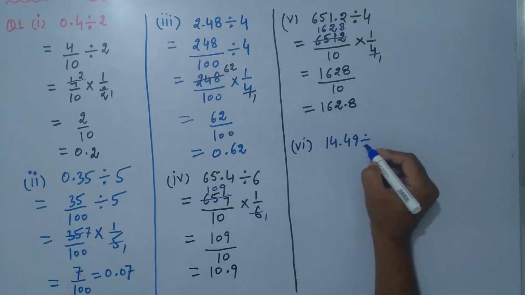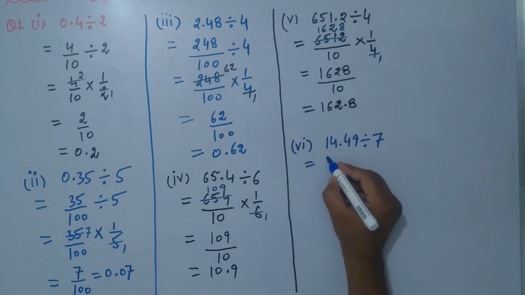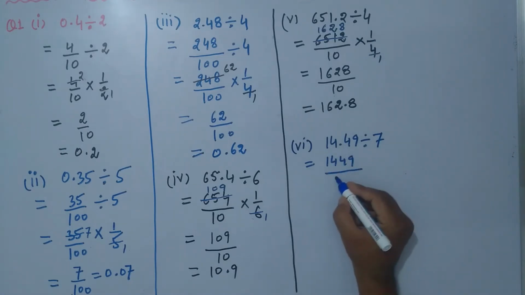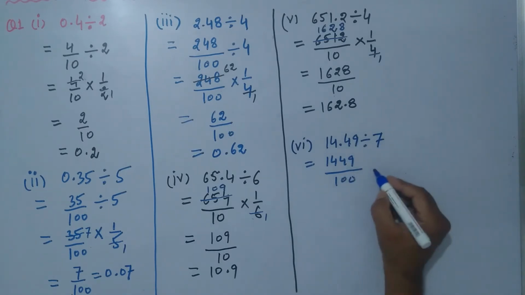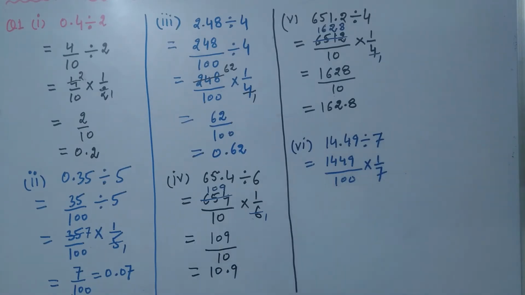Now, sixth part, we have 14.49 divide 7. So this means 1449 divide 100, because after the decimal there are two digits. Divide means multiplication, 7 means 1 upon 7.